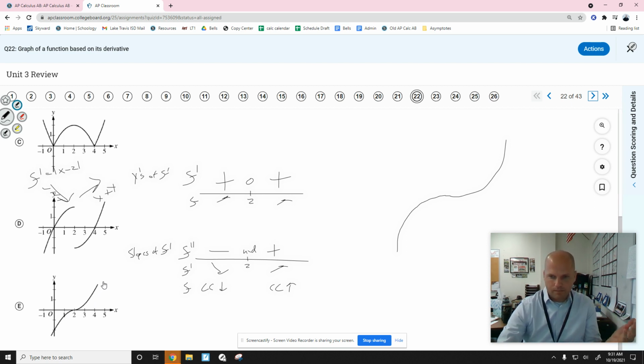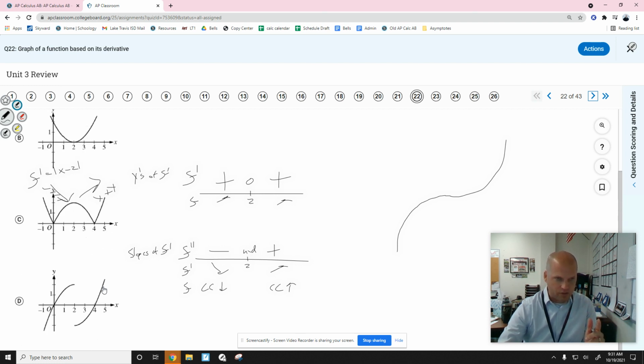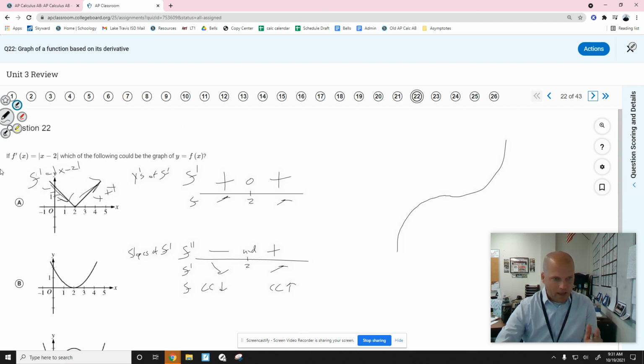How do I pick which one? Well, here's the trick. F prime at 2 is 0, which means we do have a tangent slope. It is not a situation where there's an open circle or a jump on the graph of f prime. If you have an open circle, that means f prime is undefined, which means we don't have a tangent slope. When we don't have a tangent slope, we'll either have a sharp point or a discontinuity.